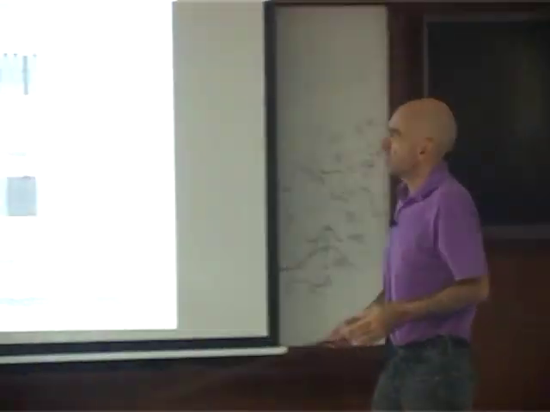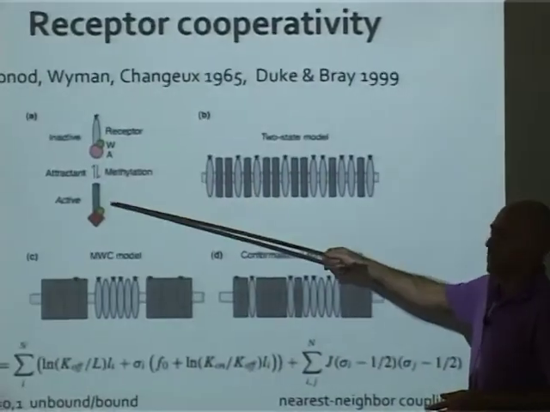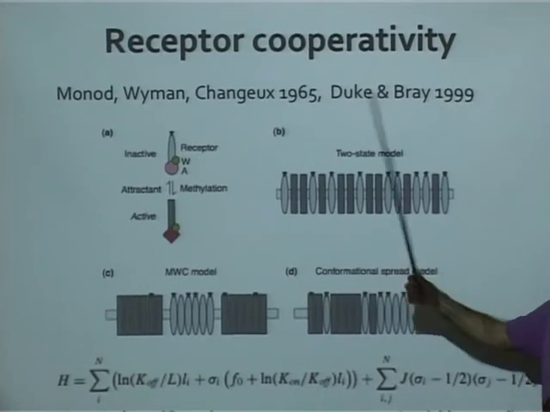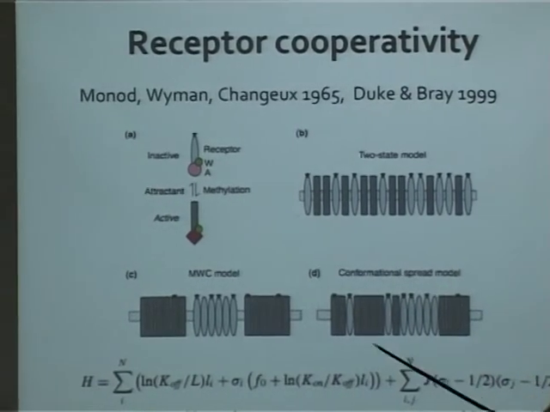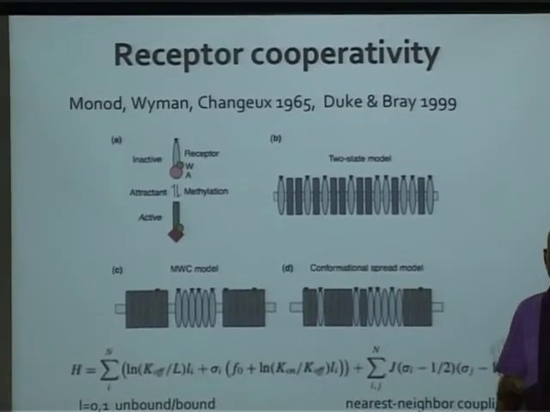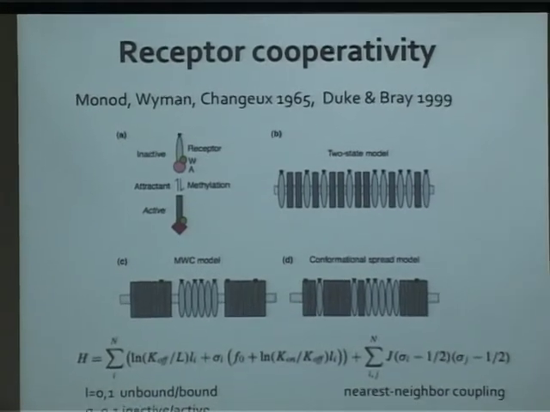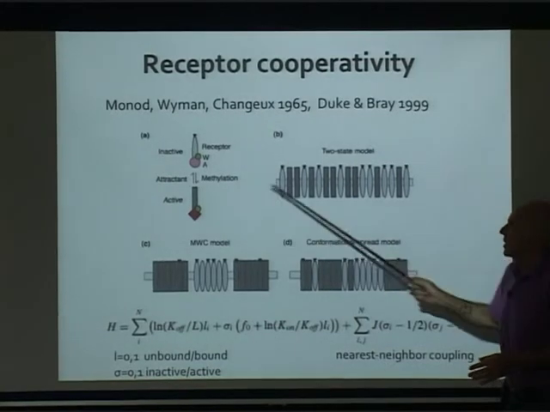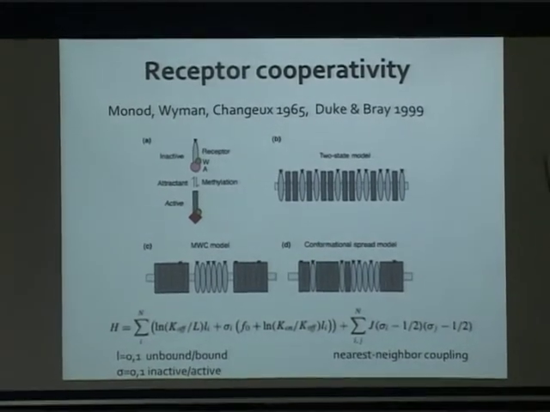These are very, very simple ideas actually. You start with a model where you have a single receptor which can switch from an active state to an inactive state depending on binding and depending on methylation. That's just the conceptual scheme of the pathway that I was showing before for a single receptor. Then all these receptors are arranged close together.